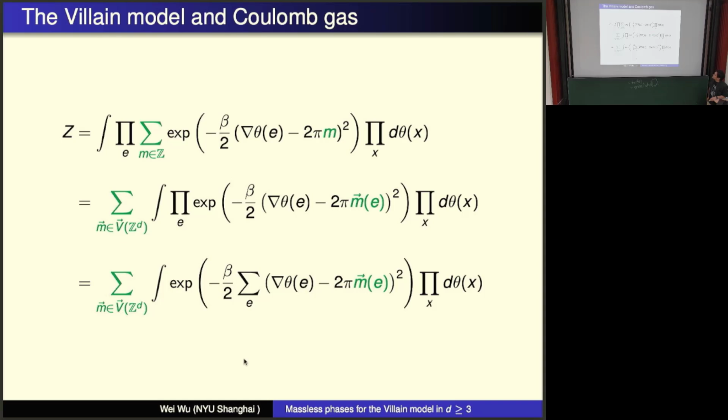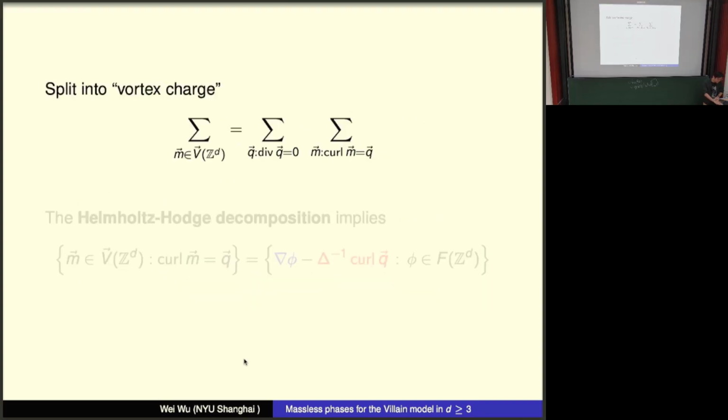And now let's do the Helmholtz-Hodge decomposition for this 1-form M. Okay, I'm going to split the sum over all the 1-forms by grouping them first into the Q, which are the vortices, and then I sum over M, which gives you the corresponding vortex configurations.